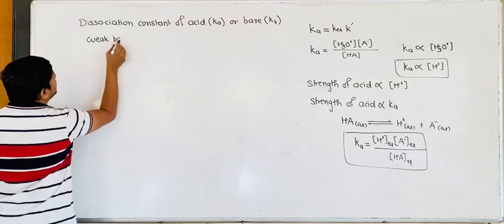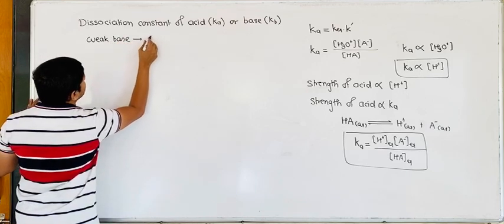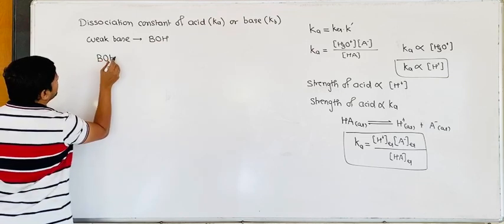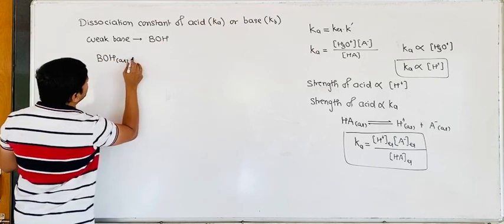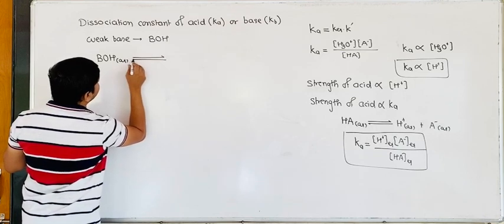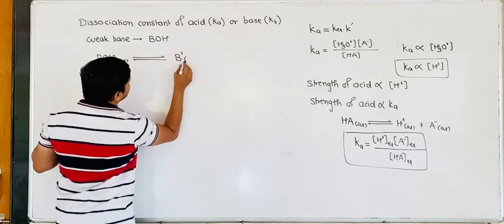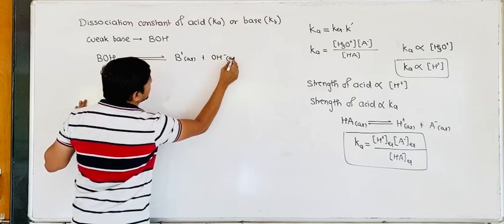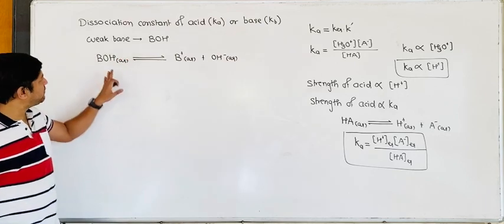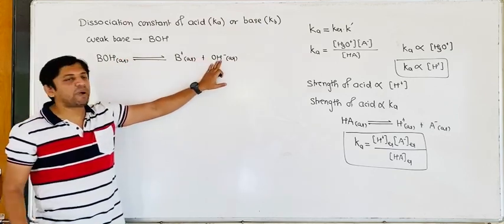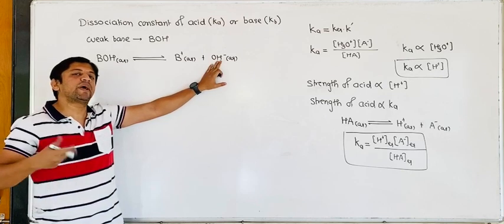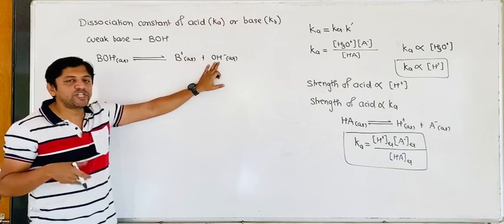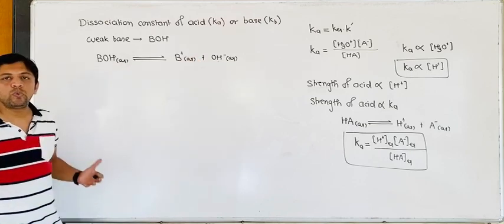BOH aqueous will dissociate in water into its ions, B plus aqueous plus OH minus aqueous, and the strength of this base depends on the number of OH minus ions produced. The more OH minus ions are produced, the stronger the base will be. The fewer OH minus ions produced, the weaker the base will be.